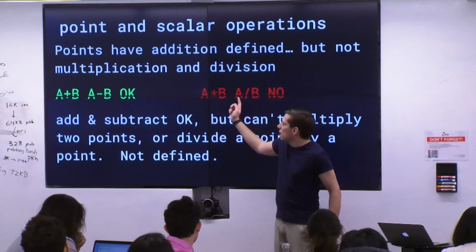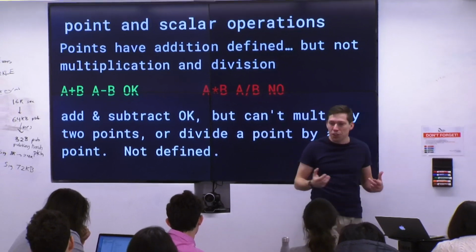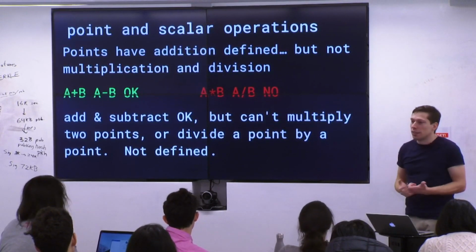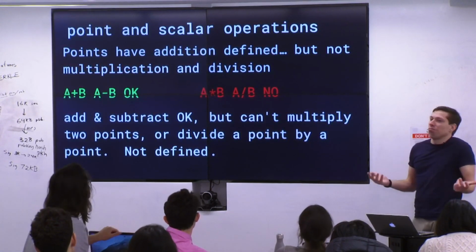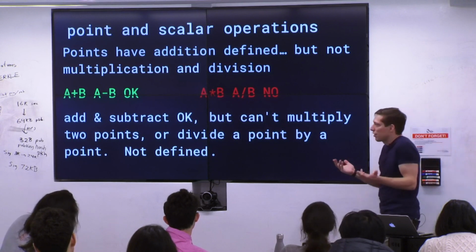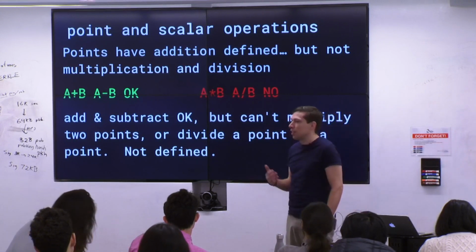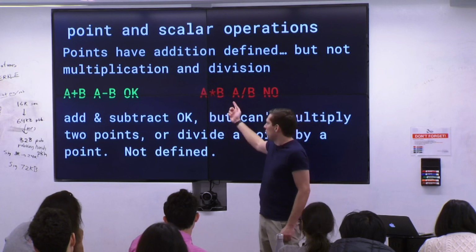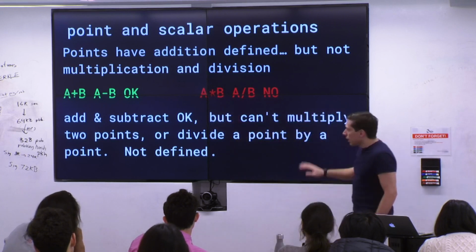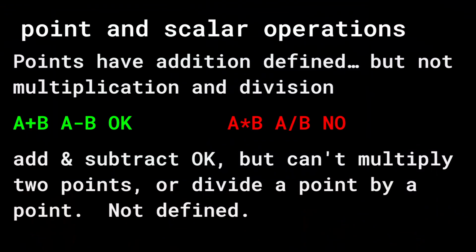However, this is not defined. Multiplication and division with two points is undefined. It's just not clear how you do it. It's not something in this system, right? It's a group. You've got one operation. You don't have this other one. So you can add and subtract points, but you can't multiply them. Any questions about this? This is pretty important.